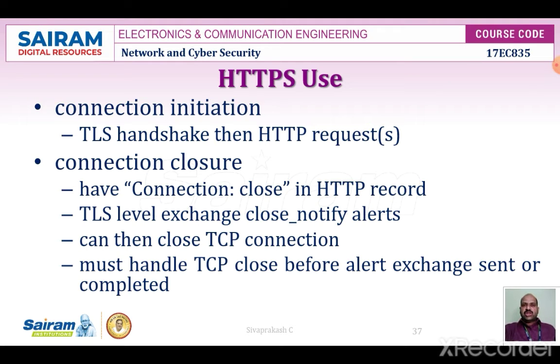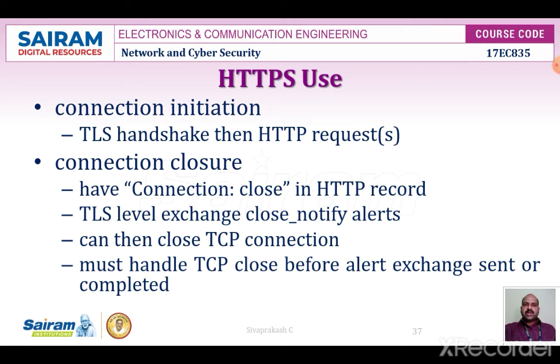Normally, HTTP behavior, including retained connections, is followed. There are three levels of awareness of a connection in HTTPS. At the HTTP level, an HTTP client requests a connection to an HTTP server by sending a connection request to the next lower layer.